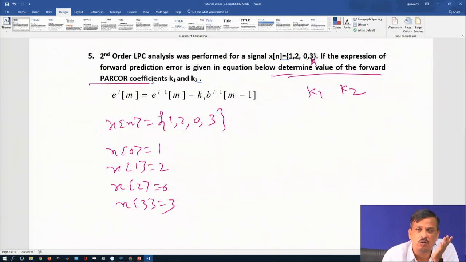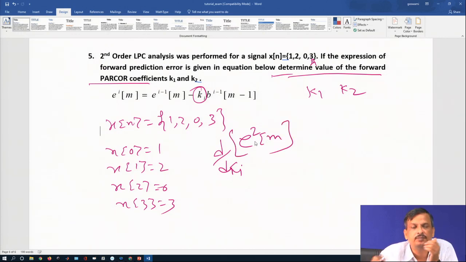As you know, how do I get the minimum value of ki? Mean square error. So, I can say d/dki of E, the mean square error, is the sum over m of the square.